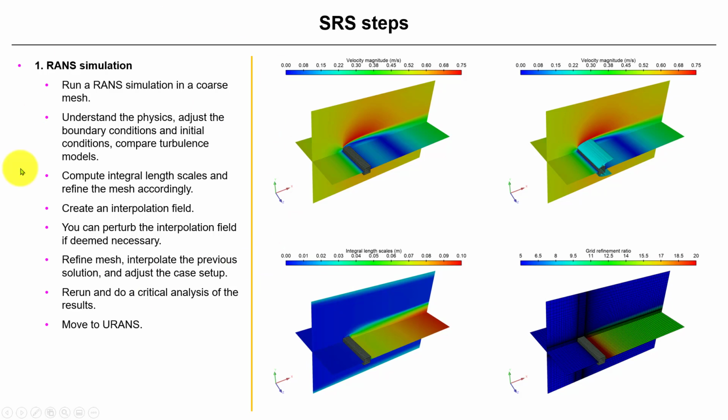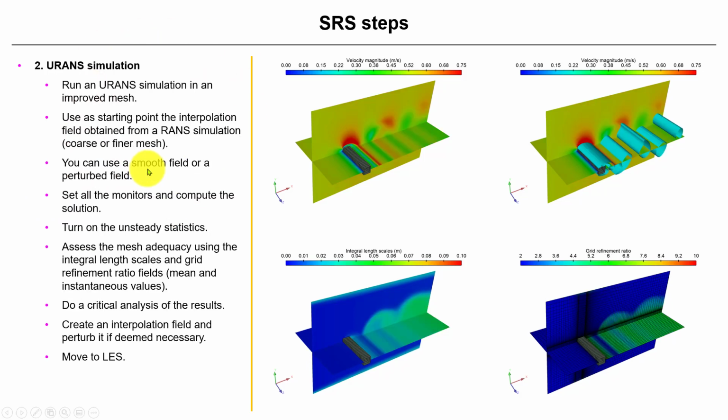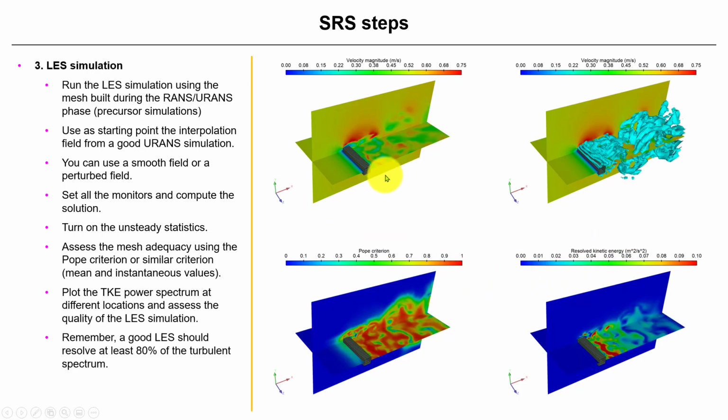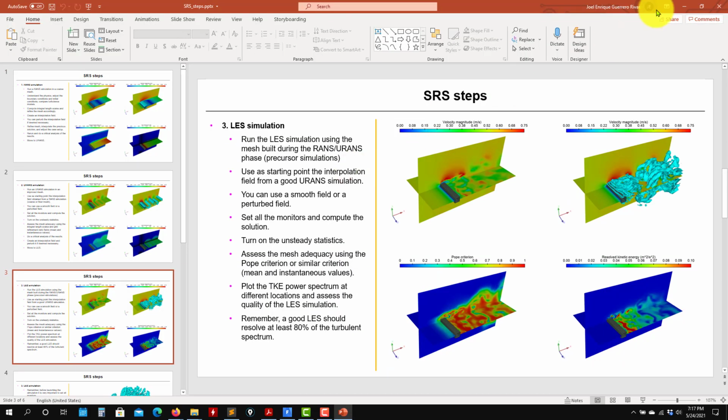You compute integral length scales and get an idea of the mesh. This is a good one. Check the physics, everything, and then you move to URANS. In the URANS, you get a good initial condition, and with this good initial condition and a better mesh, computing integral length scales and grid refinement ratio, you move to the scale resolving, and that's all. So that is a recommended workflow.